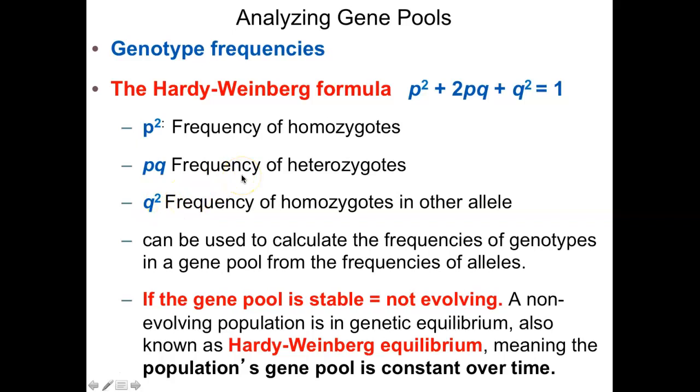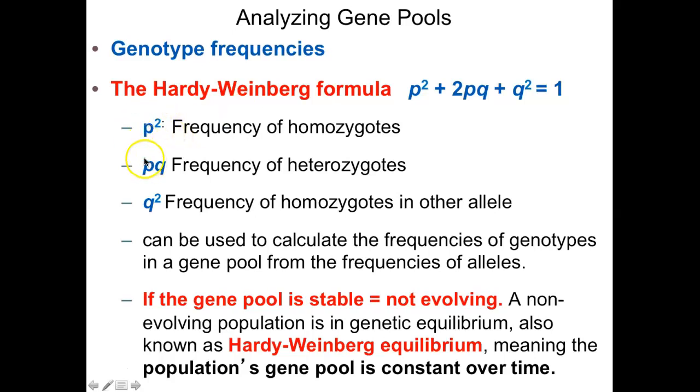If you get the allele frequencies as numbers, which you can, and you plug them into this formula and it equals 1, that means that the gene pool is stable and not evolving. So a non-evolving population is in genetic equilibrium, also known as the Hardy-Weinberg equilibrium, meaning the population's gene pool is constant over time. What you want to take away from this slide is that there is something called the Hardy-Weinberg formula.